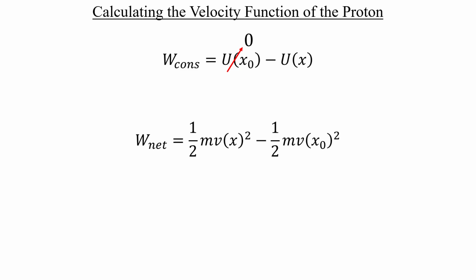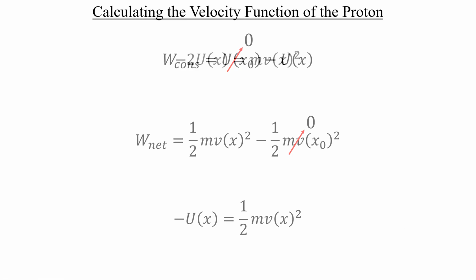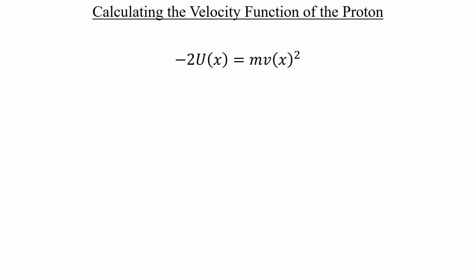So the kinetic energy at x0 is 0 too. With those taken care of, we can now set these work expressions equal to each other down at the bottom, like this. We want the velocity as a function of x, so let's multiply both sides by 2, then divide both by m, and then take the square root.